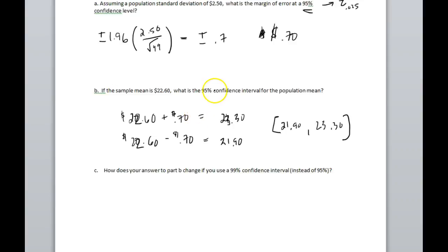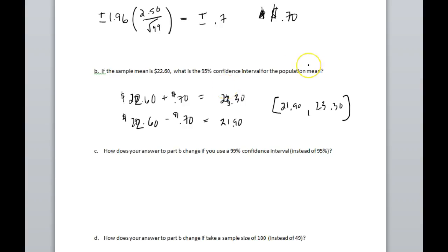Then it just says, how does your answer to part B change if you use a 99% confidence interval instead of the 95%, right? So we're just going to be using a different z-value. The 99% confidence interval implies a z-value of 2.58.